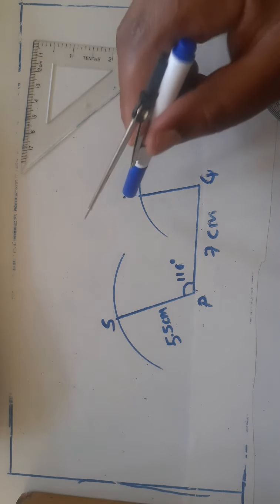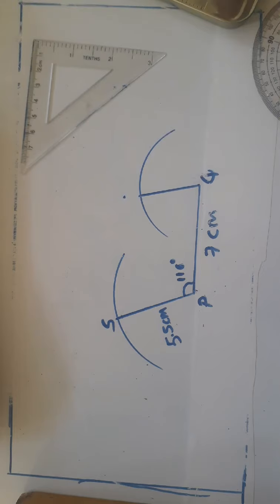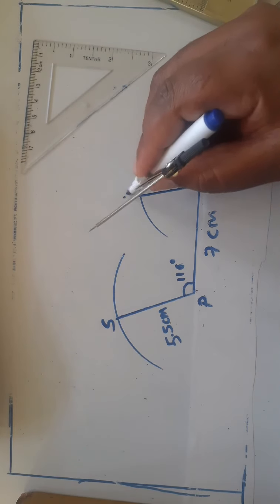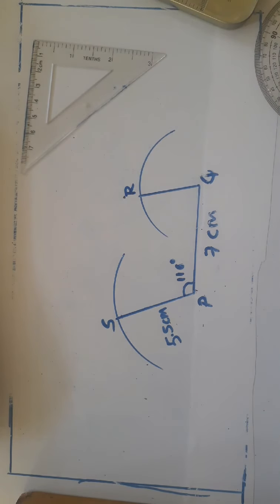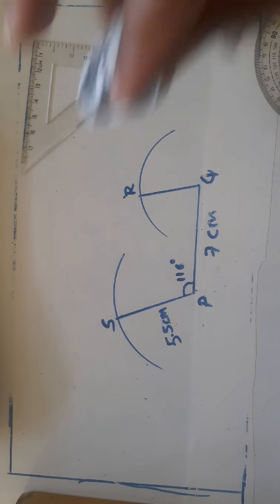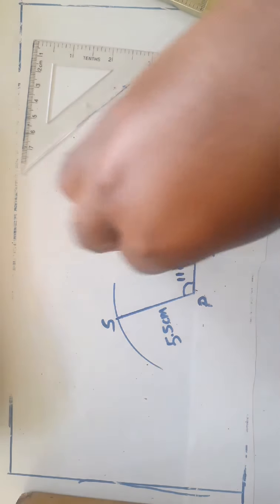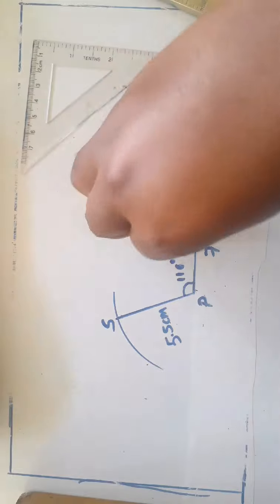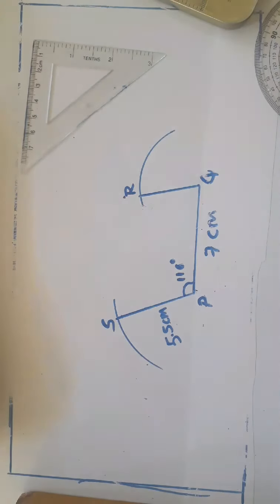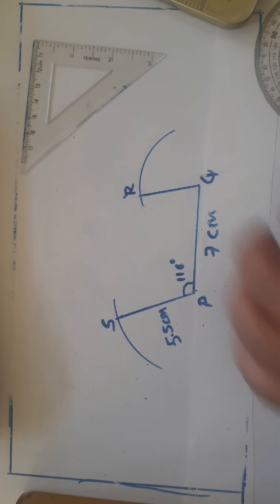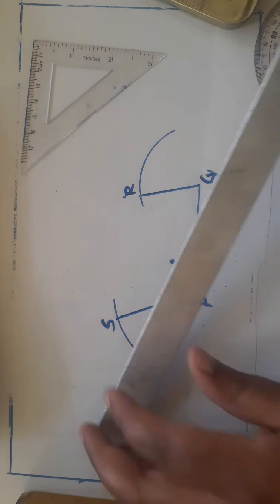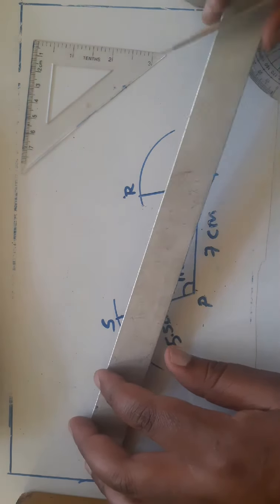So this point now will be our point R. Then what next? You just join. Might even erase this. Just join S to point R directly.